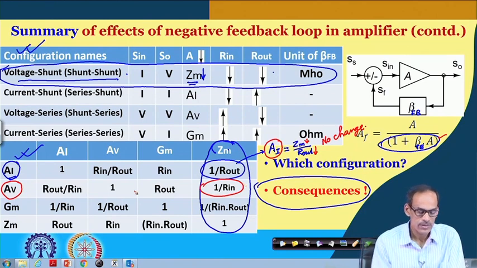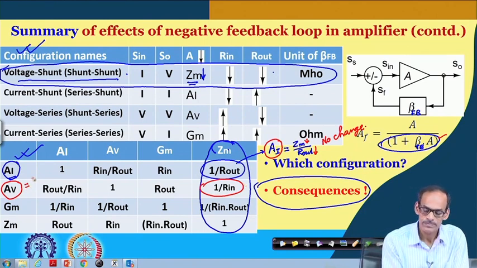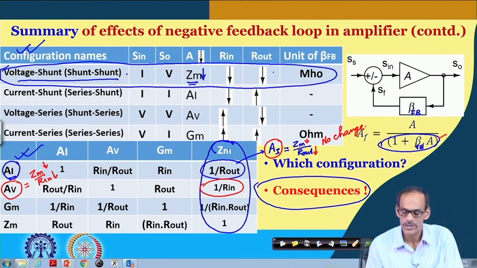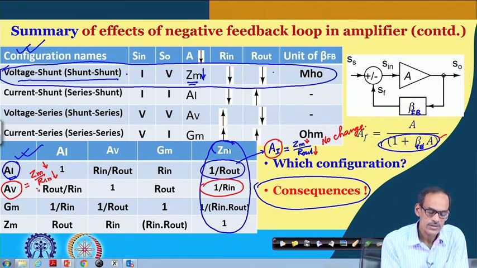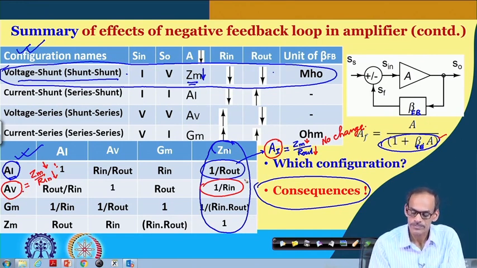So, this Av equals Zm divided by R in, and again both Zm and R in are getting reduced by the same desensitization factor, and as a result here also there will not be any change. So, here also we do not have any change.